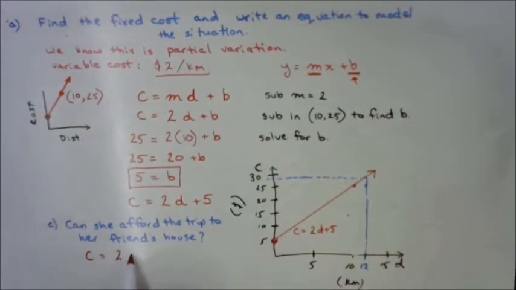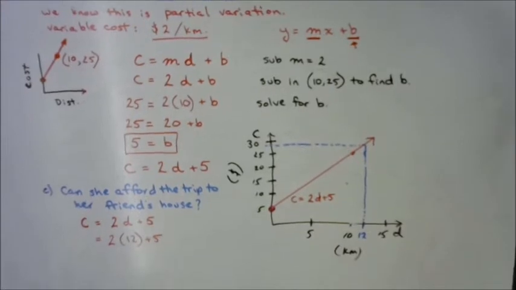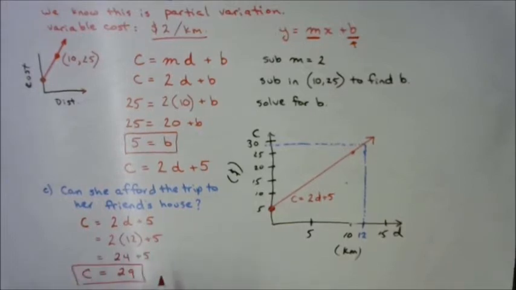So where we have 2D plus 5, we're going to sub in D equals 12, to see if she can afford it. Well, 2 times 12 is 24. Plus 5 equals 29. Can she afford it? Yes. She'll have $1 left over.